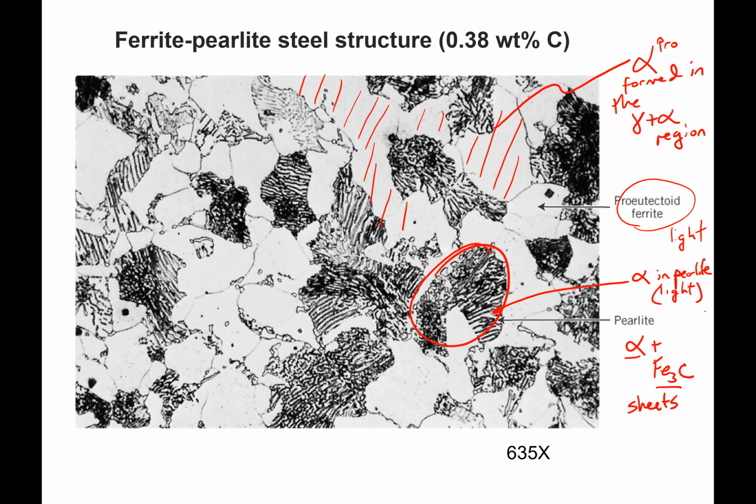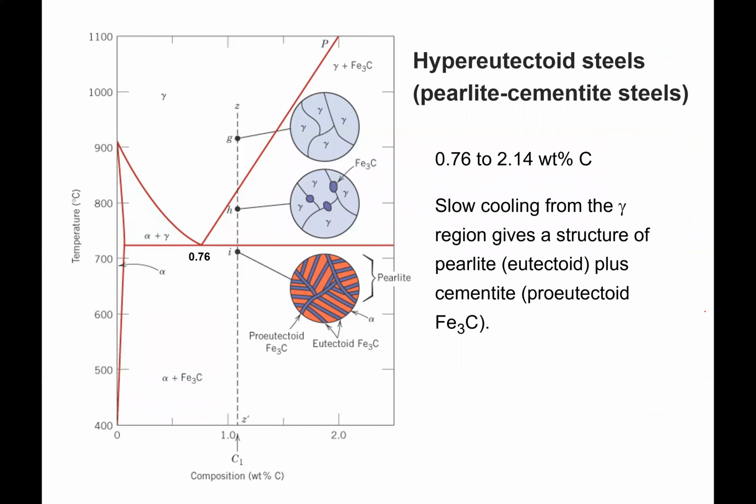So now if we're at a hyper-eutectoid steel, so now we're greater than 0.76, we're going to get a similar type thing occurring, except now this region here that we move into is a gamma plus cementite region. So as we move down from the gamma field, we already have the gamma.